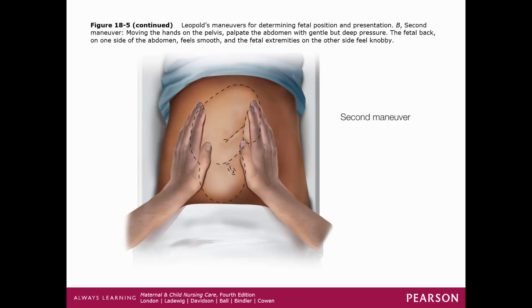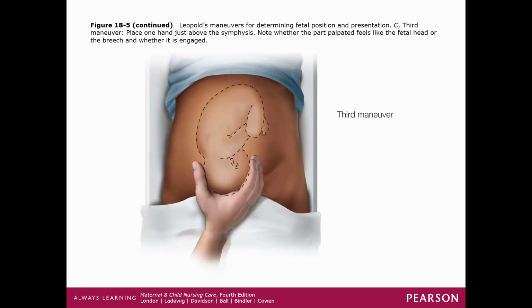Now, for the third maneuver, you're still standing at her side, still kind of facing her, but I'm turned so that I'm facing her belly a little more. I'm taking my hand, this person has their right hand in the picture, and feeling her lower belly.